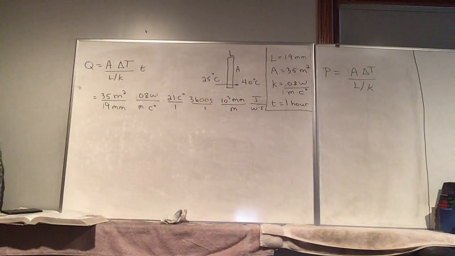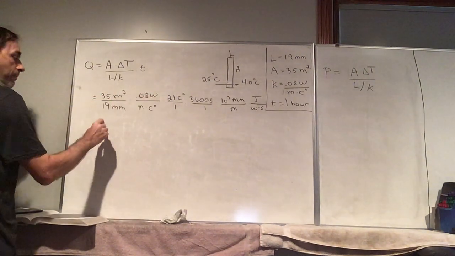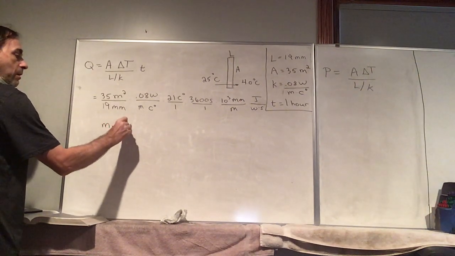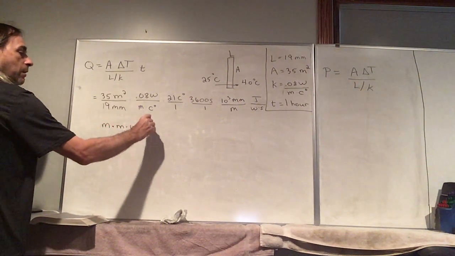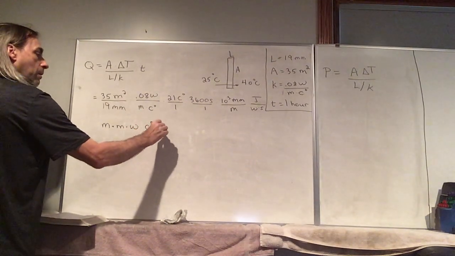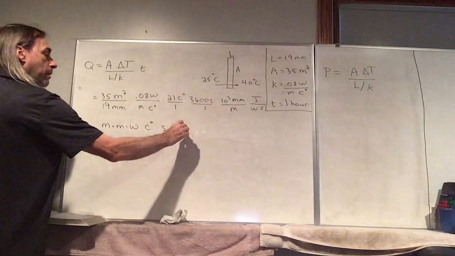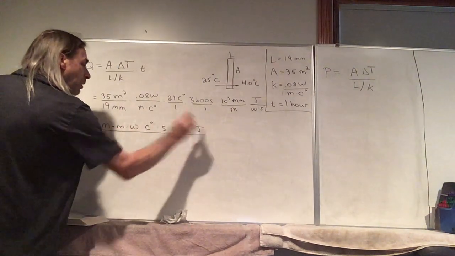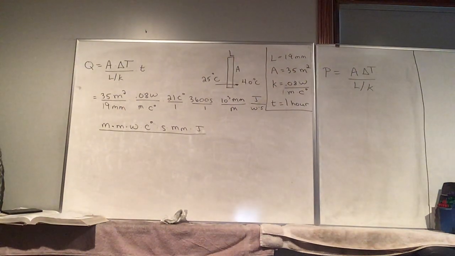So let's see if this works out now. Let's just go across the top. We have meters squared, I'll write that meter times a watt times a Celsius degree times a second, and then times a millimeter and a joule. So that's what we get across the numerator.